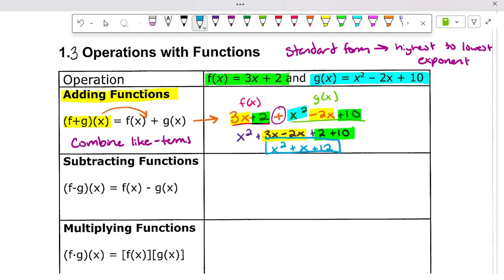It's 1x. Or let's say this was an x squared and I had another x squared. It's not 2x to the fourth, it's 2x squared. You only start changing exponents when you start multiplying. Adding and subtracting, exponents and variables stay the same. Any questions?